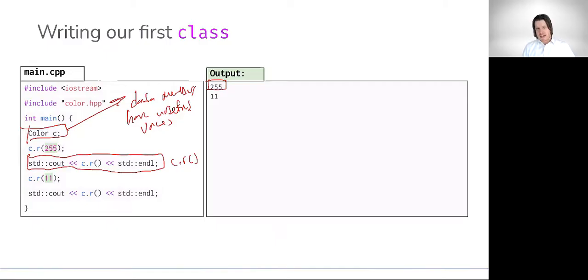I could again use the accessor to confirm that this assignment was made, or to otherwise use it in some sort of other expression. But for the sole purposes of the illustration here, I'm just writing the value to standard output to show you that indeed the state of the object changed. R went from being 255 to 11, and we confirmed this.